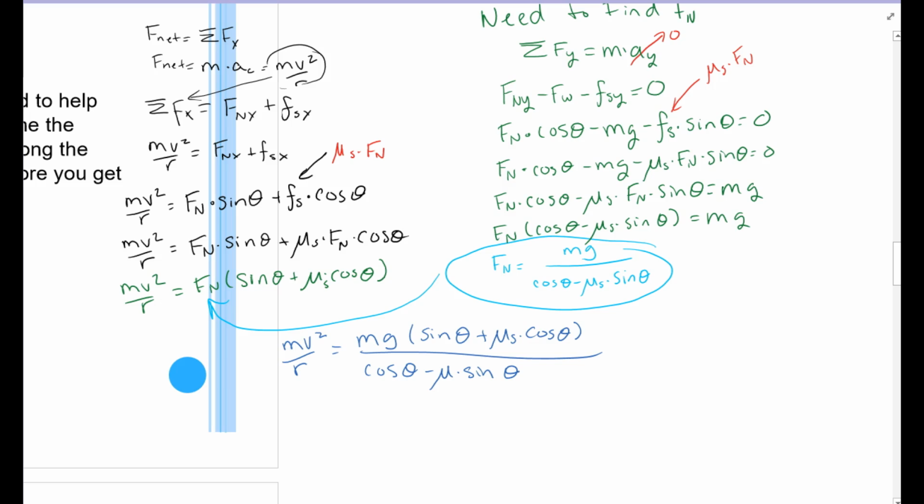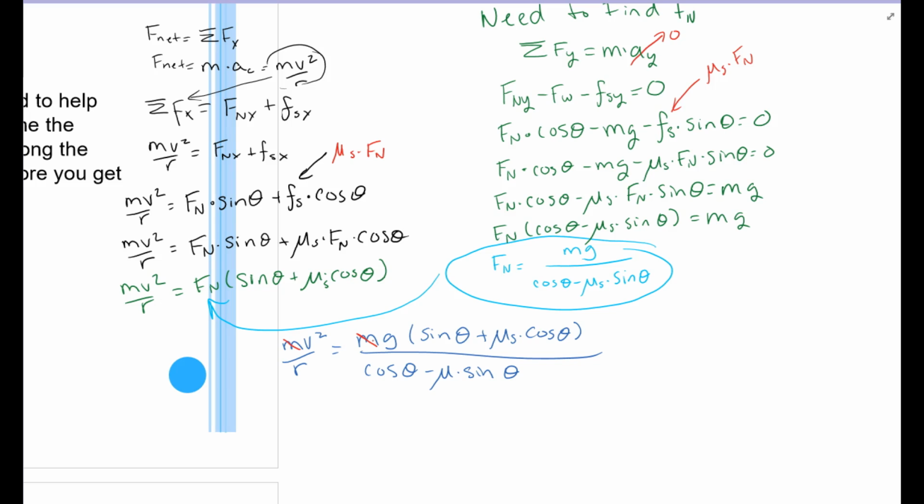Noticing this, you will see that I have mass on both sides of my equation, so that term cancels. Bam! We were doing this to solve specifically for v, so we multiply both sides by r.